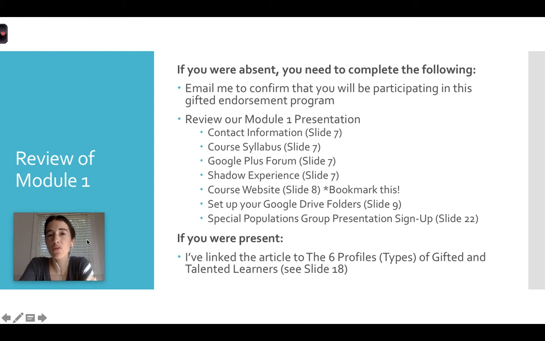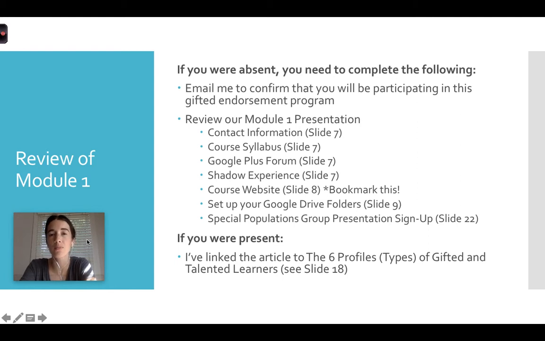Please set up your Google Drive folders. I'm going to talk about that in just a moment for some of you who were present last night. Then sign up for your special populations group presentation. That's on slide 22, where you'll find the link. Those presentations are going to be in our next in-resident session, which is Module 5, so you'll want to work with your group ahead of time.